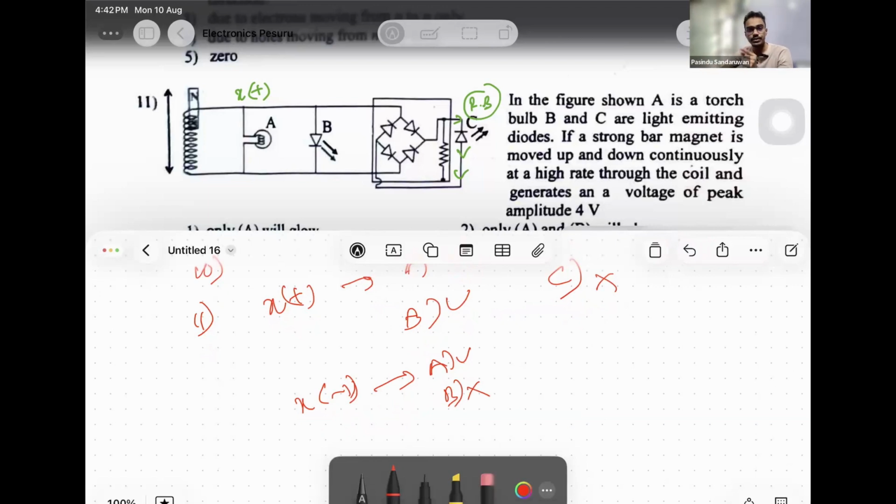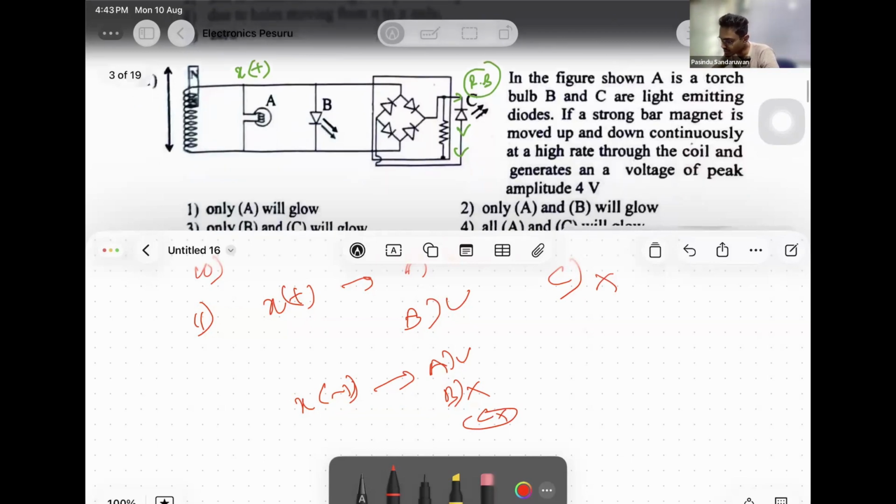Whether x is positive or negative, the current through the load resistor in the bridge circuit is going to be the same, since that is coming from the full wave rectifier. The load resistor current is always downwards, but for both instances C is reverse biased. Then C is not going to function.